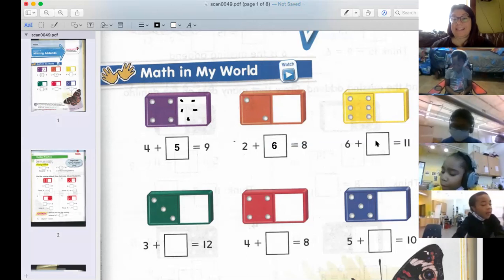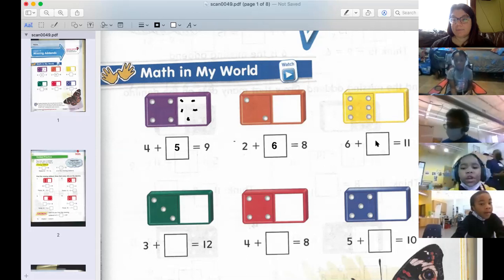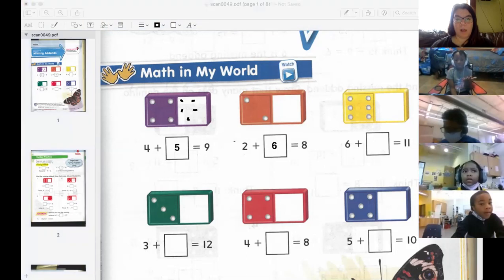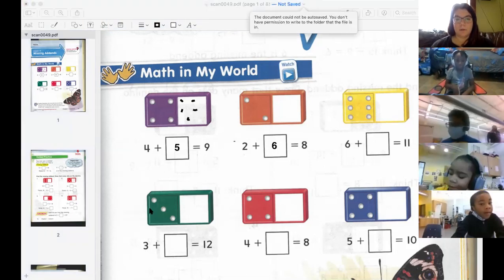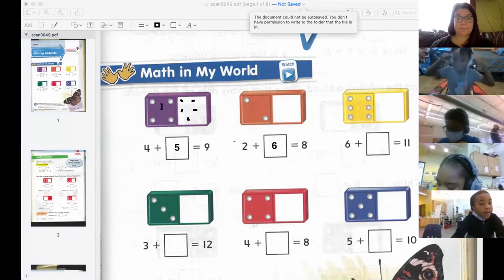All right, next one. 6 plus what equals 11? Okay, 6. So if you want to draw on your paper, you've got 6. 1, 2, 3, 4, 5, 6.